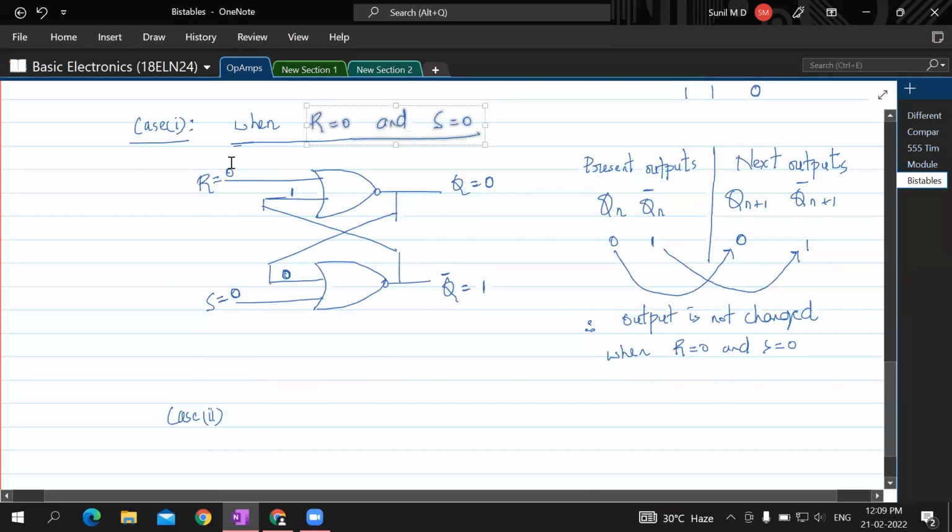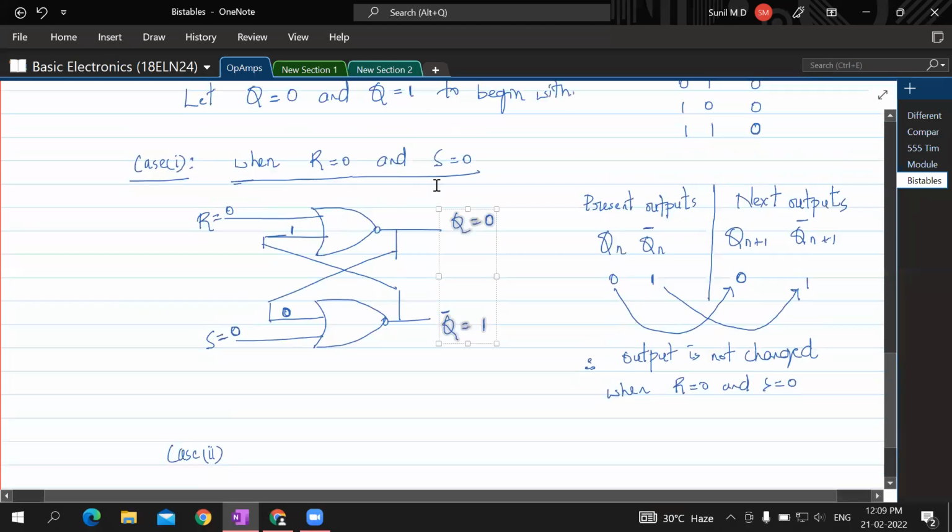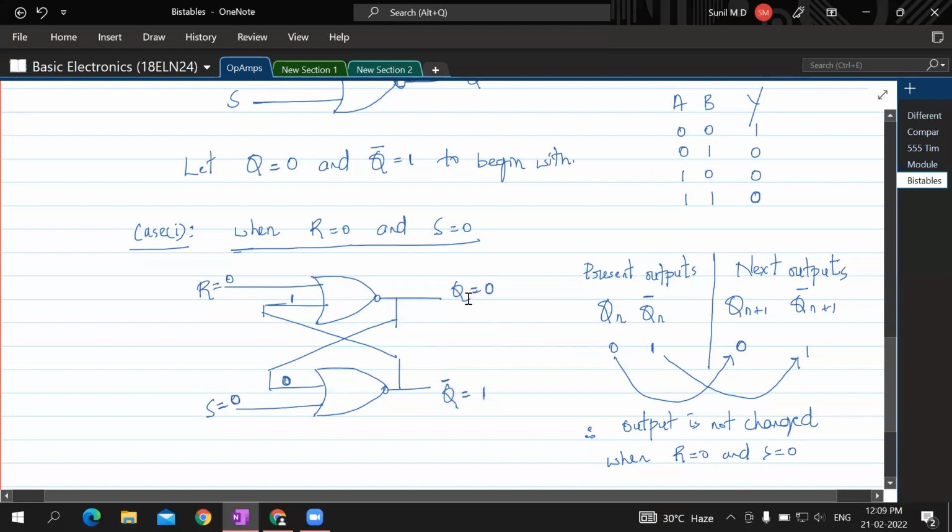Now, this Q is 0, so this 0 is being given as input to the NOR gate, and both the inputs are 0, 0. When both the inputs are 0, the output is 1. So this output is 1. It is not changing. Earlier also it was 1, now also it is 1.